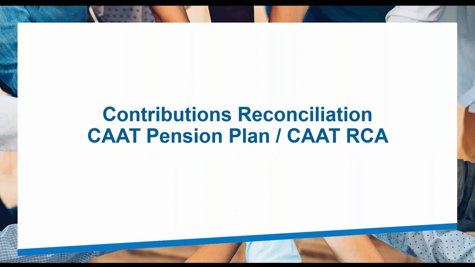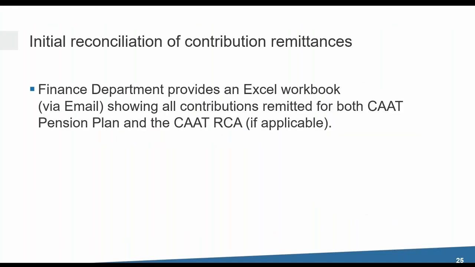Good morning, everyone. So I'm going to review the finance refresher, and this is the contribution reconciliation section. The reconciliation process does begin each year with the DCT being released to employers by the Employer Services team. On March 31st this year, 2 Excel workbooks showing all of your contributions remitted for both the CAT pension plan and the CAT RCA, if applicable, will be delivered to you via email.